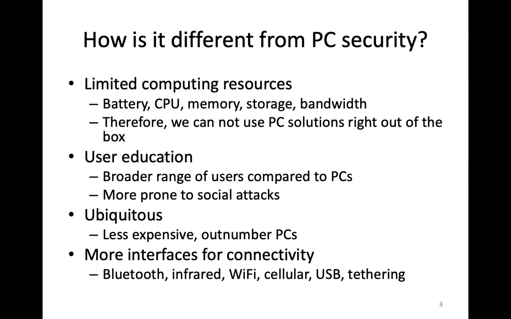So this solution is not readily applicable for things like mobile devices, primarily because there's a lack of mobile virtualized environments that are widely deployed, and also it is a pain to have such a virtualized environment on your phone, even if it does exist, because it's going to consume battery and CPU resources on the resource limited mobile devices. Okay, so that's one really big reason why you cannot just use desktop security solutions on your mobile device.